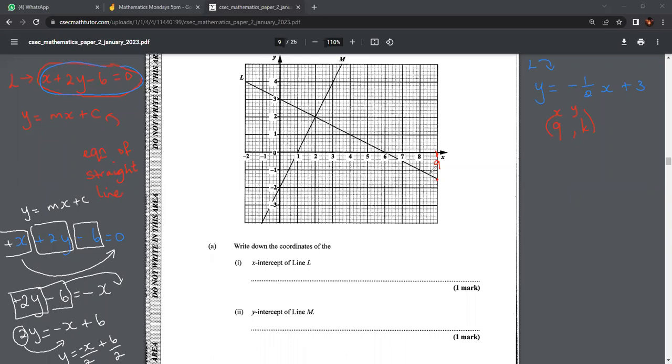However, you wouldn't have gotten the exact answer, right? If you look, it's in between the squares where it's cutting. And because it's 2 marks, most likely they wanted us to work it out to get the exact value.